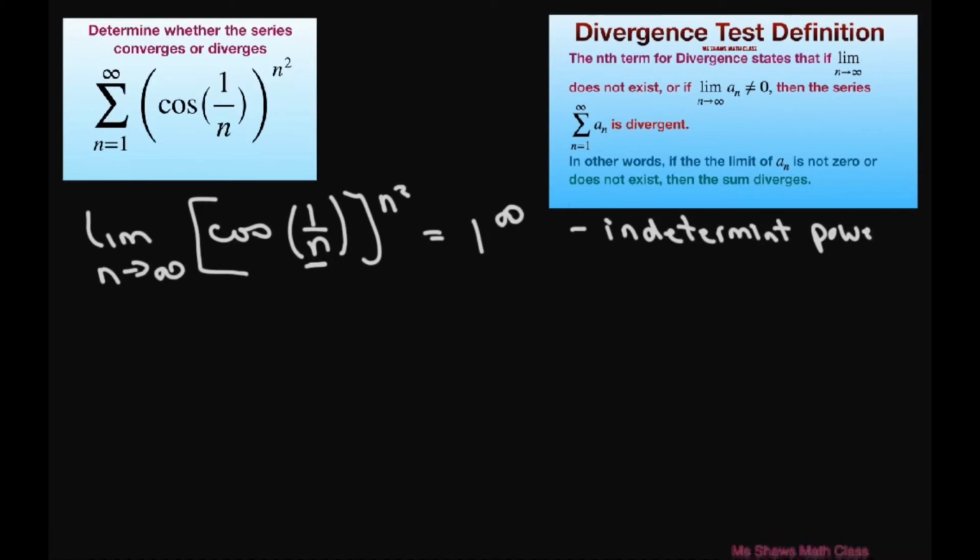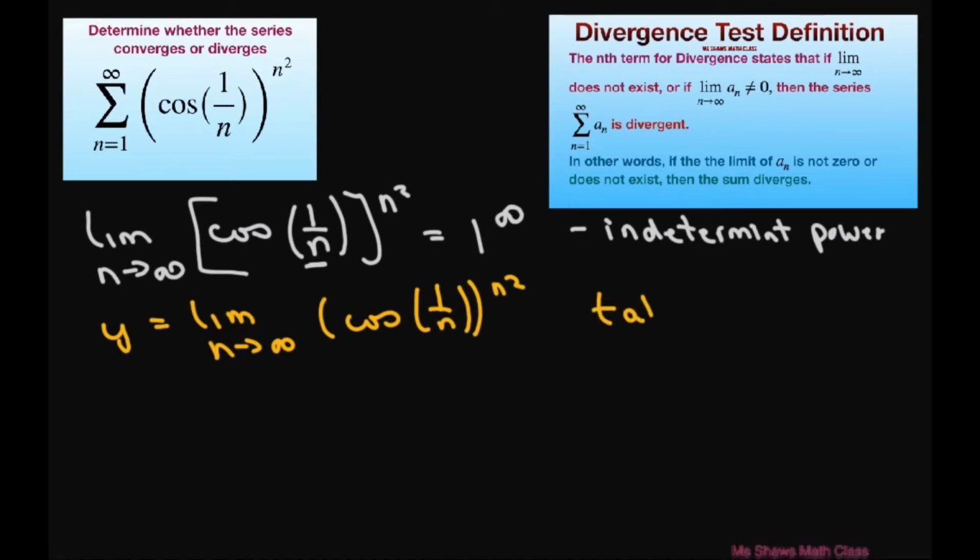All right. Now, what we're going to do is let y equal the limit as n approaches infinity of cosine of 1 divided by n to the power of n squared, and take the natural log of both sides of the equation.